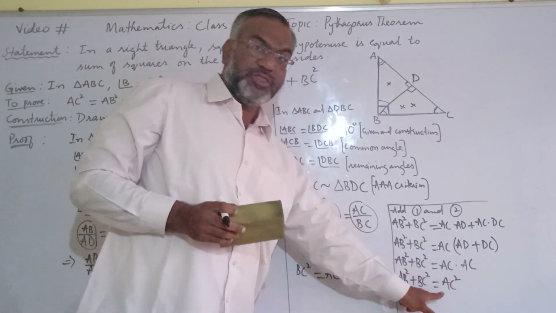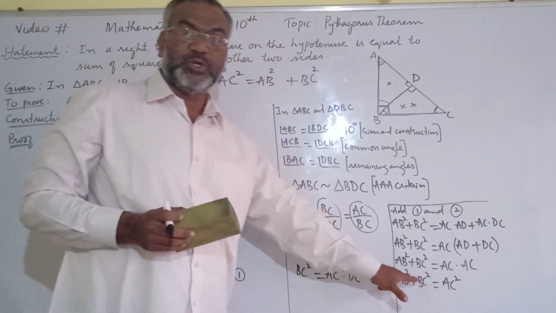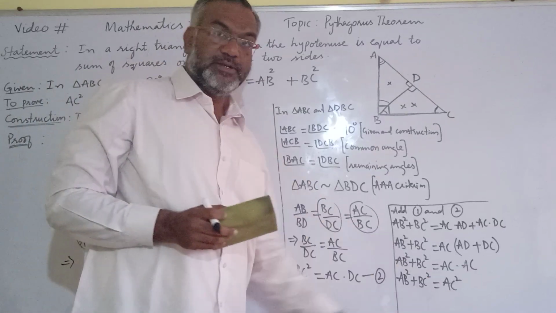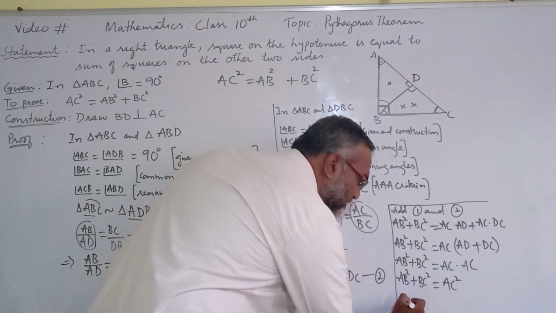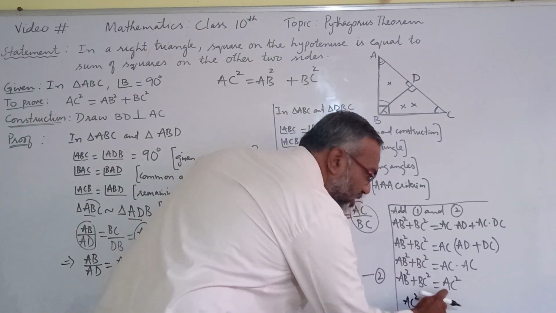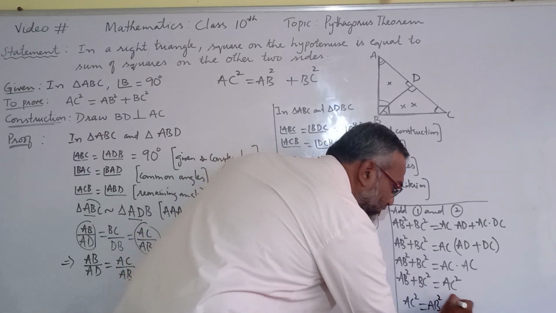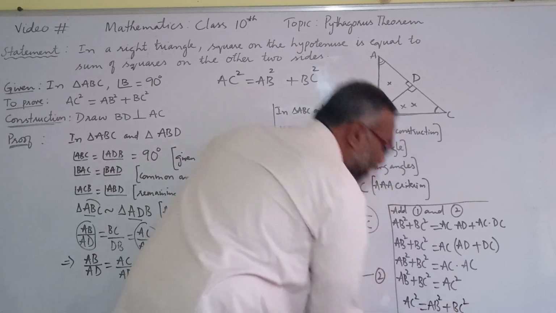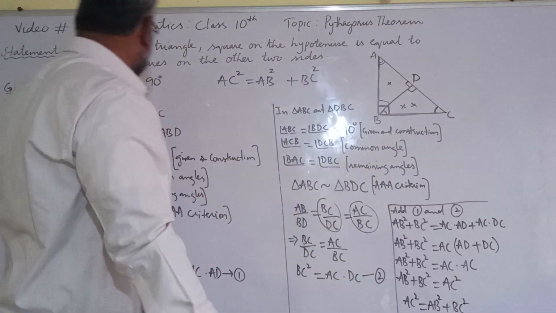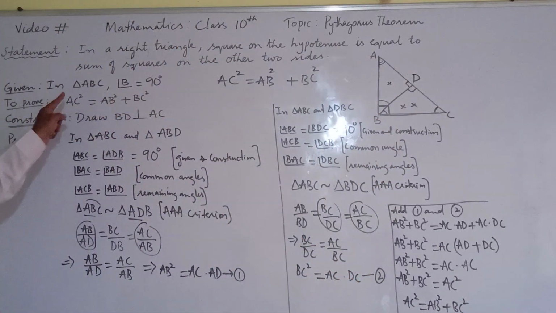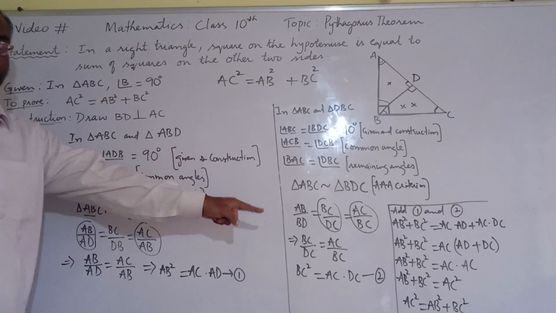Square on the hypotenuse is equal to the sum of squares on the other two sides. You can write AC square is equal to AB square plus BC square. This is the required equation. This is what we had to prove.